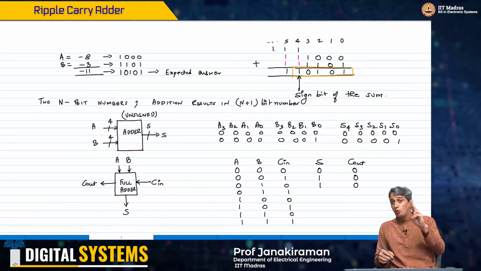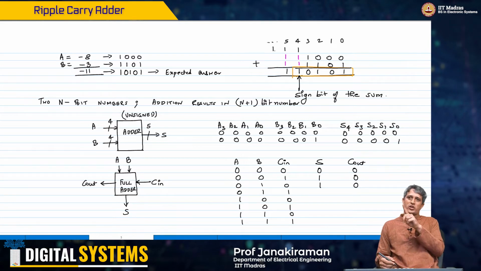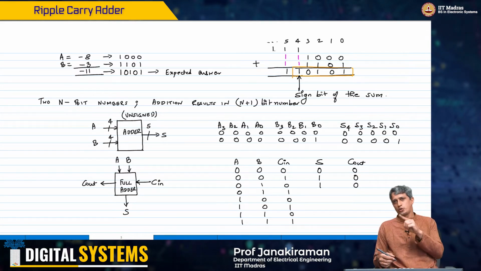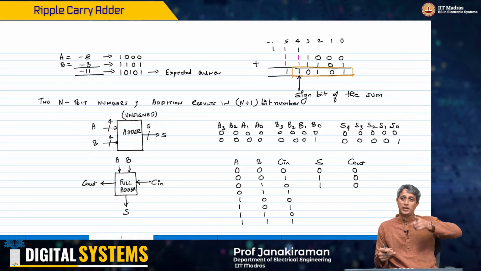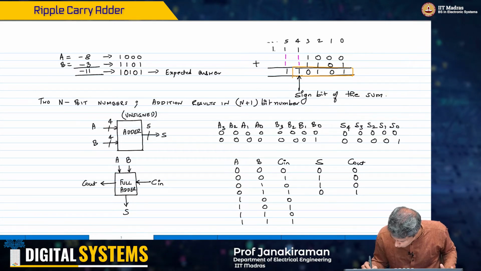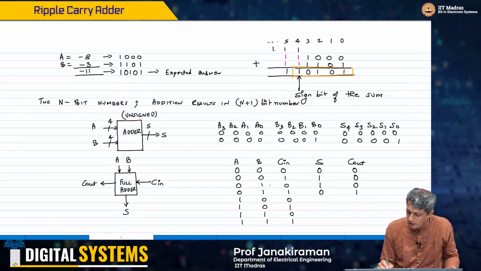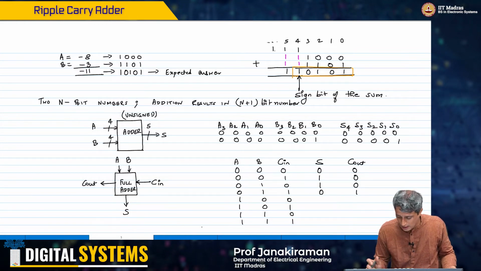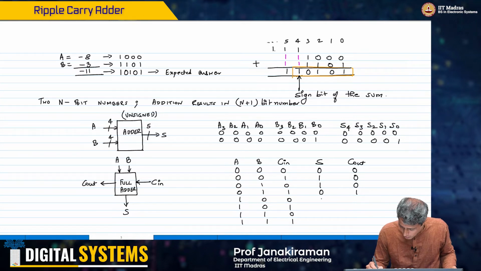When two of the three inputs A, B and C in are 1, your sum will become 0, because 1 plus 1 is 2 and therefore the sum bit is 0 and the carry out becomes 1. So this will be 0, 1. Then for the next 4 cases, again 1 0 0, if you add, you are back to 1 0.